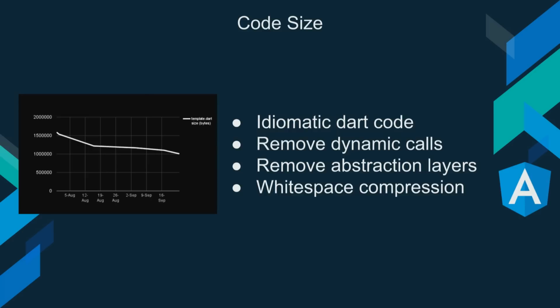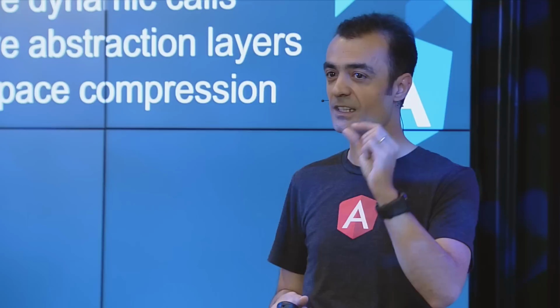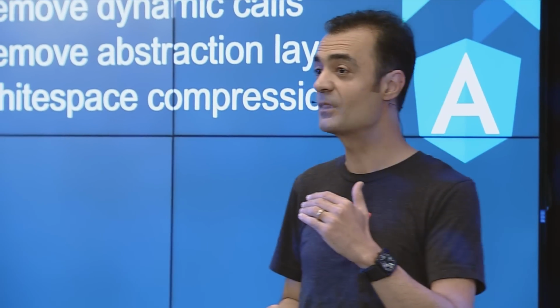Another change we did is white space compression. Some of you might be familiar with the HTML spec, where if you have two inline blocks, it actually matters whether you have space in between them or not. The browser is going to basically lay out your HTML slightly differently. But very few people use this property.